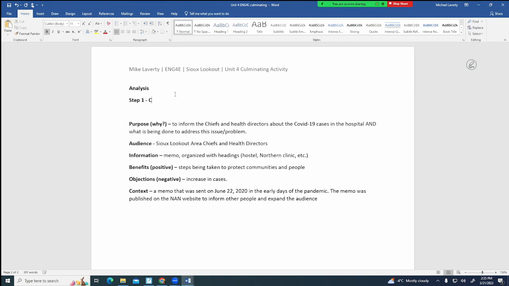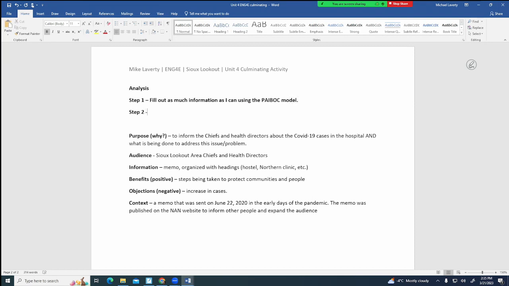So step 1 would be to fill out as much information as I can using the PyBoc model. And then step 2 will be to write my analysis, using the information from step 1.